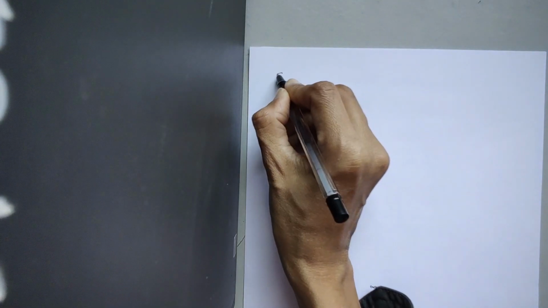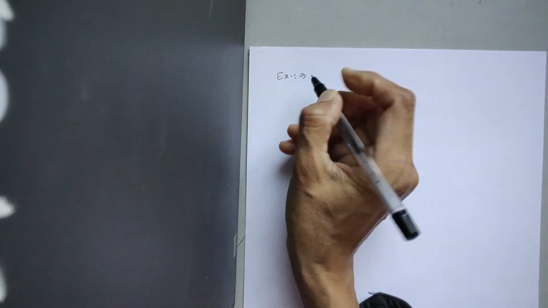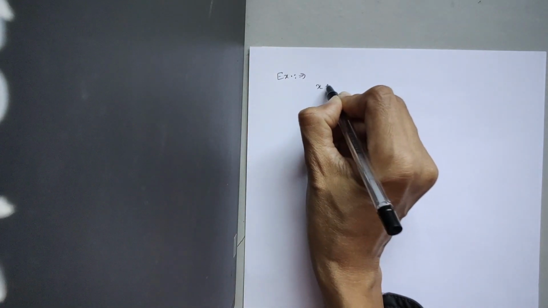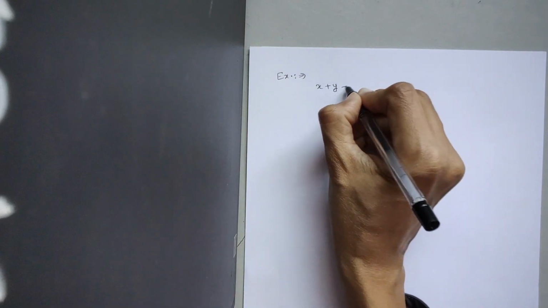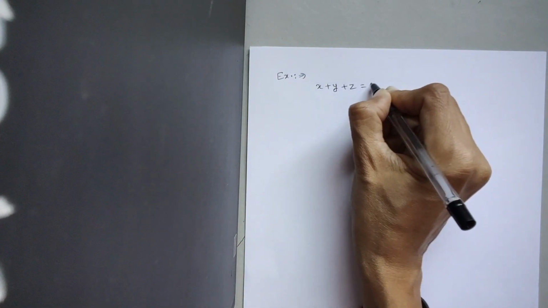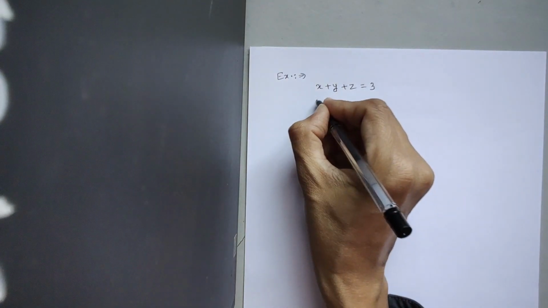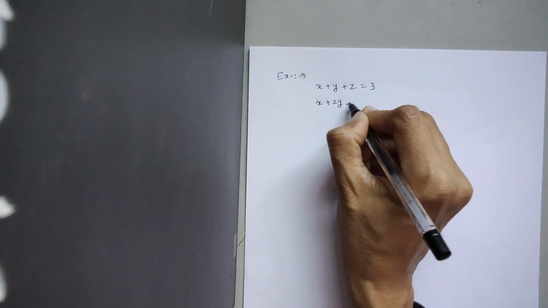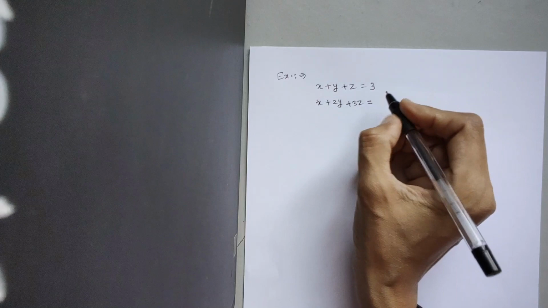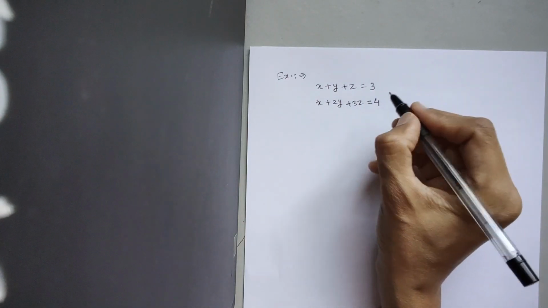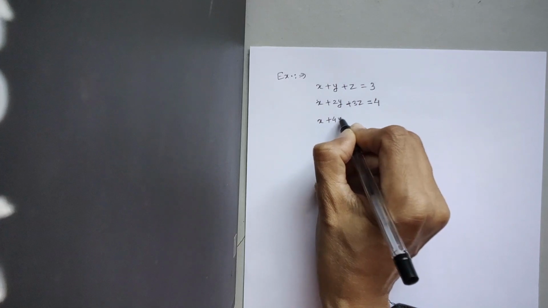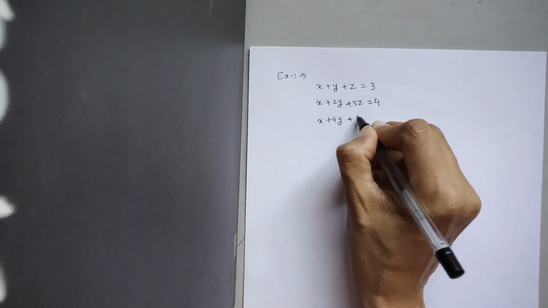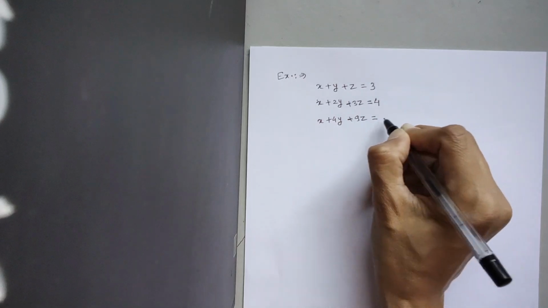Okay, so I'm taking one example. Write down: x plus y plus z equal to 3. The second equation is x plus 2y plus 3z equal to 4. The third one is x plus 4y plus 9z equal to 6.